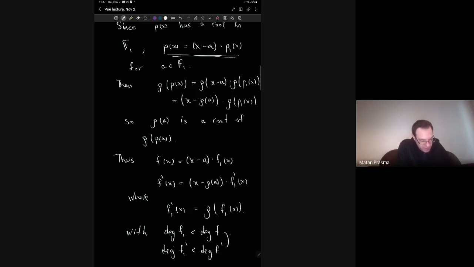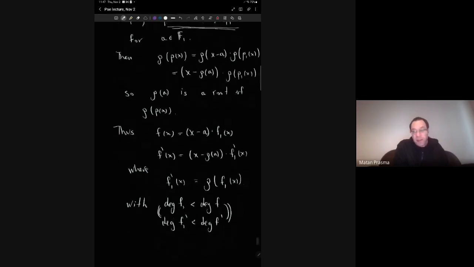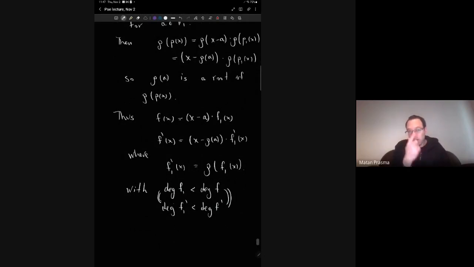In fact, these degrees are equal because f prime is obtained from f by just doing something to the coefficients. So the degrees are in fact equal. But since the degrees of f1 and f1 prime are strictly smaller, we can use the induction hypothesis.